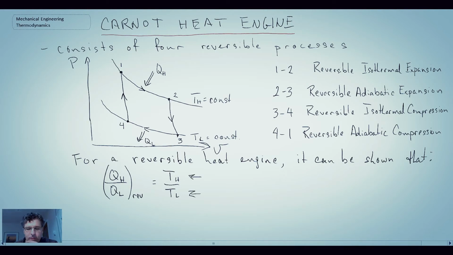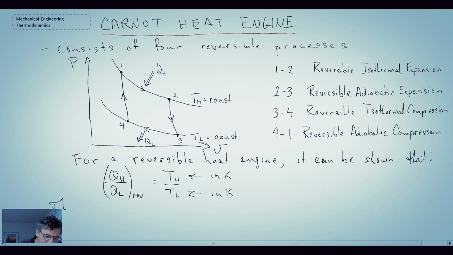So for a reversible heat engine, it can be shown that the ratio of the heat transfer, QH divided by Q low, is equal to the ratio of the temperatures, and both of the temperatures need to be in Kelvin.